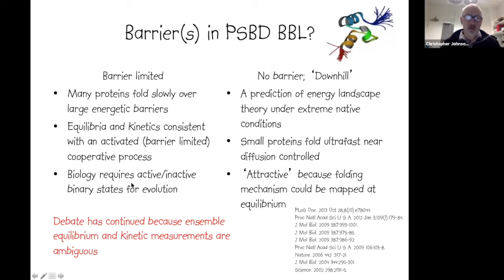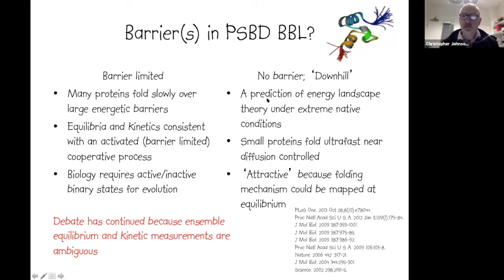One could also imagine that biology might require distinct active and inactive conformations to allow for processes of evolution. If you think about a downhill or no barrier, gradual accretion of structure, it may be difficult for biology to work with systems that are partially active when you make mutations.